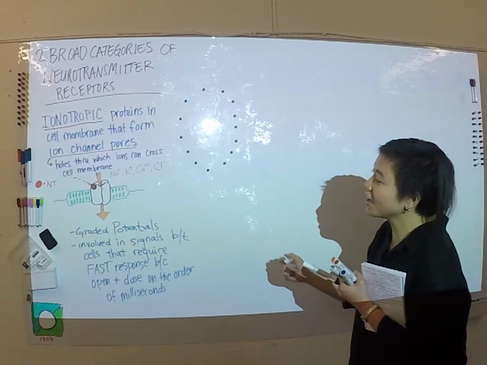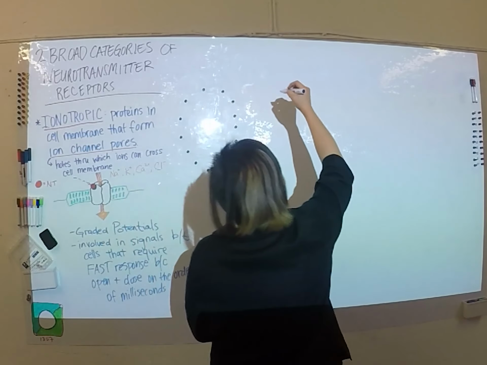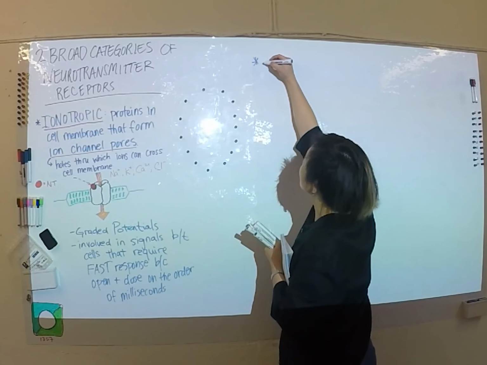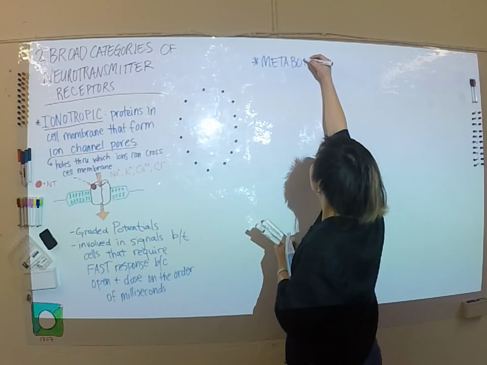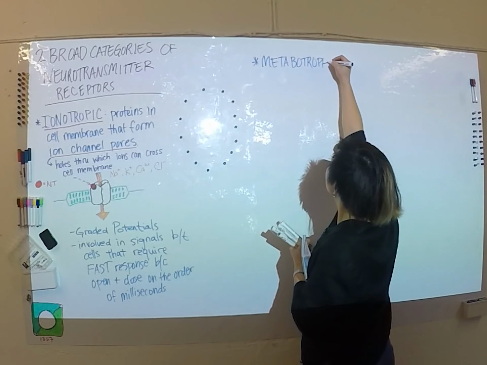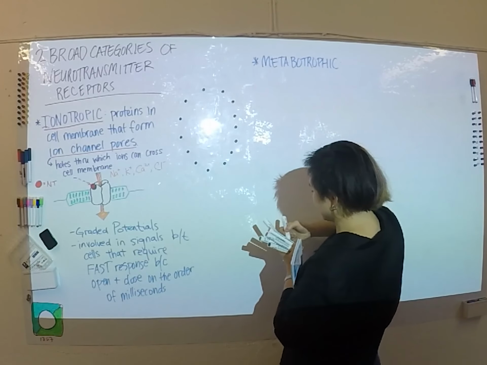So this second category is called metabotropic receptors.